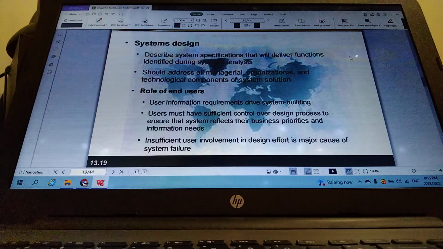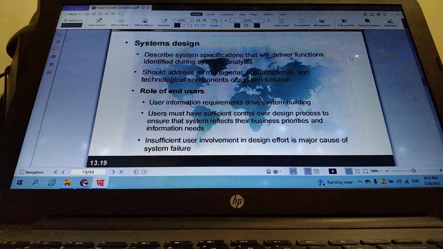And the role of the end users is to provide user related information which is required to develop the system. Users must have sufficient control over the design process to ensure that the system reflects their business priorities and information needs. So users will play a very critical role.